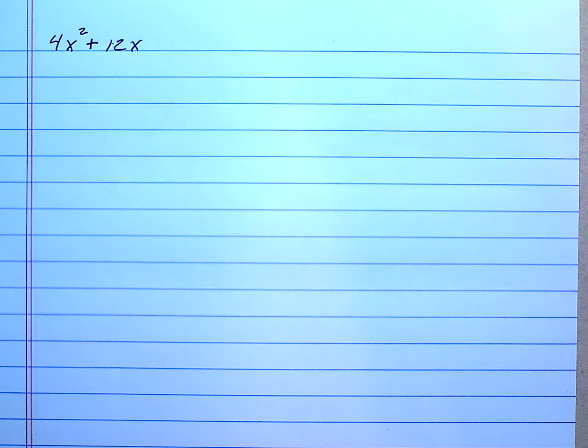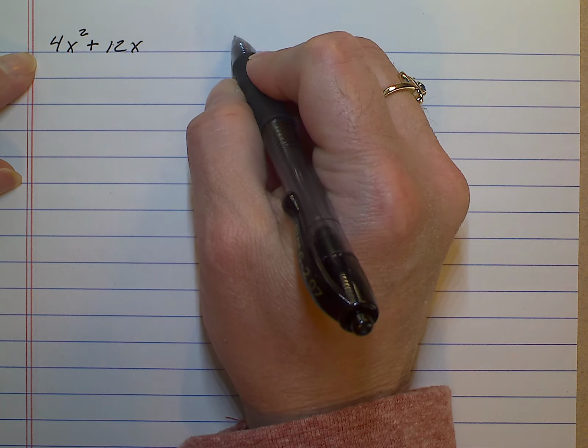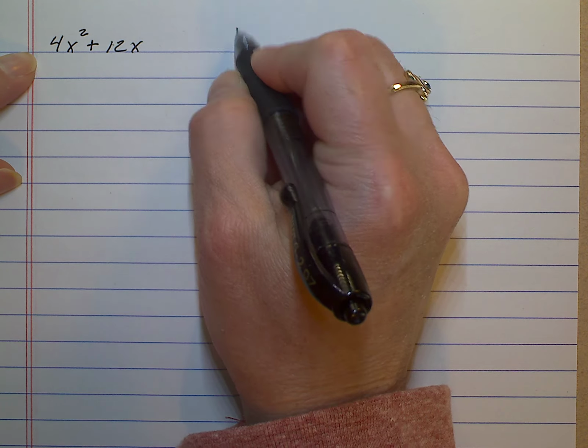Just because I put a plus between them doesn't mean it's going to change anything. What I want to do is look at these two. I'm going to think about this with an area model.